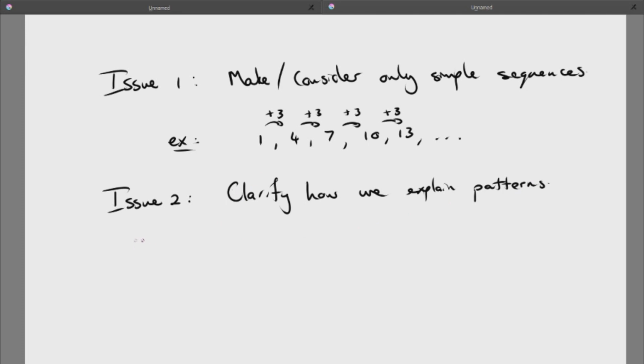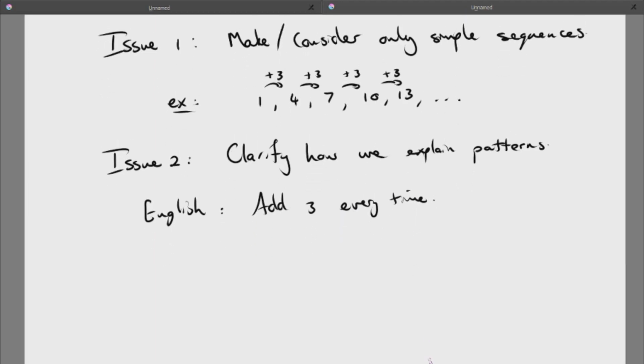So first of all, what we did in the previous example was explain the pattern in English, saying we add 3 every time. That was fine. But for the possibility of things getting a little bit more complicated, the English explanation could get a little messy, difficult to rely on. So we want to translate this to our mathematical language, which has shown to be more effective in working with numbers and explaining technical things.